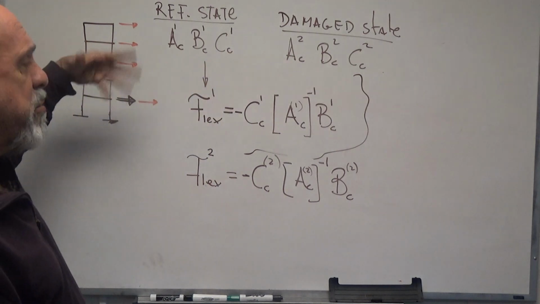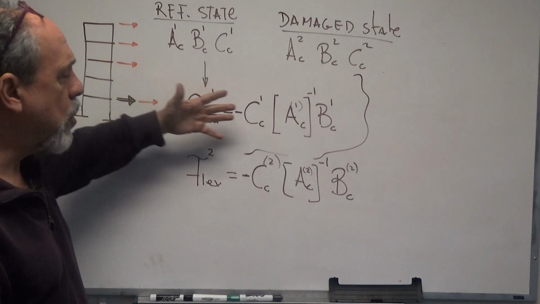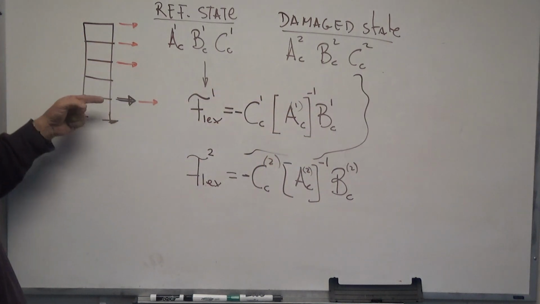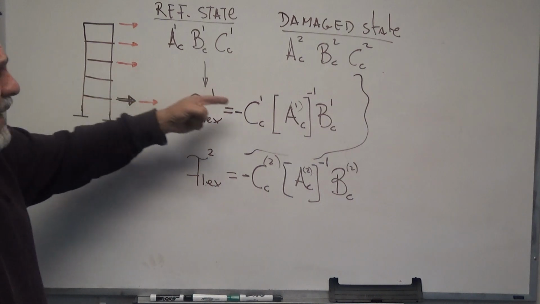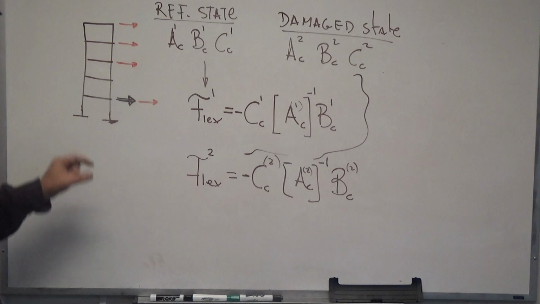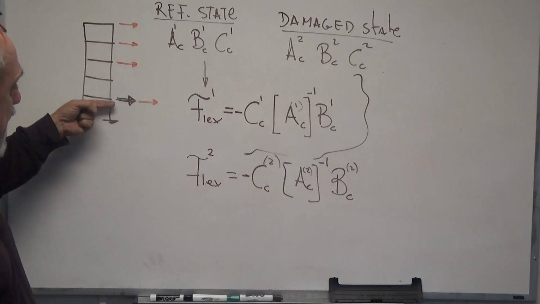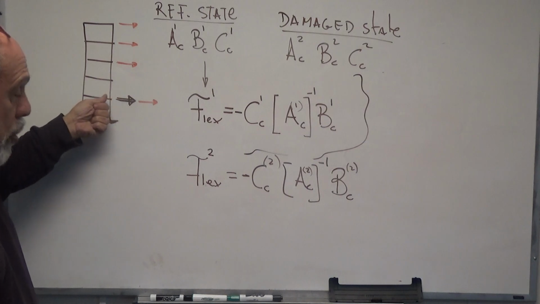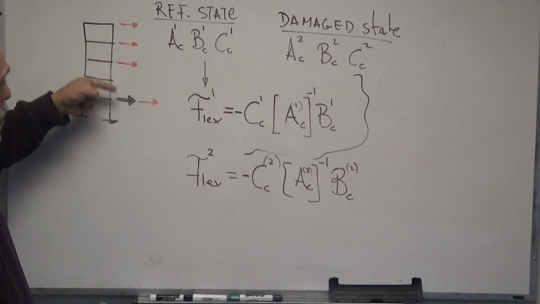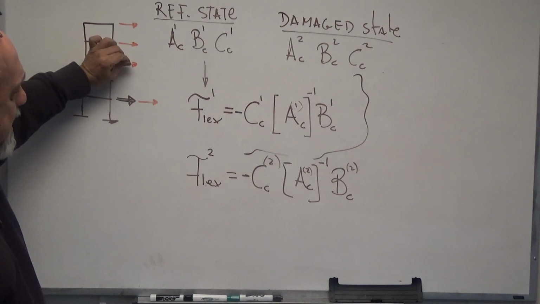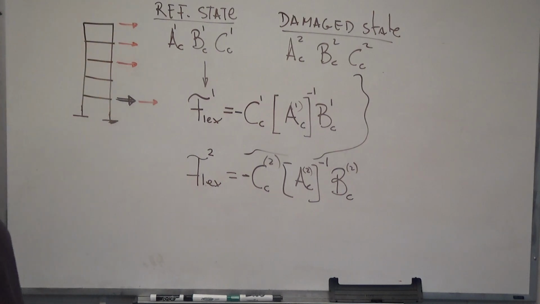Why do I go to vibration based? Well, the only reason is because it's kind of hard to go to the field and calculate the flexibility matrix by applying the definition. I cannot really say, let me apply a unit load, or a load of any nature, and measure how much the points moved. Then let me come to this level and apply a static load and see how much the levels move.